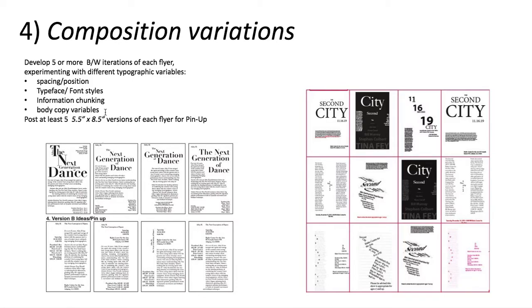Body copy variables means maybe you use different pieces of your copy to be different hierarchies. So hierarchy 1 would be this next generation of dance. So that's number 1. But maybe the second hierarchy is the pricing, or the second hierarchy is the location.